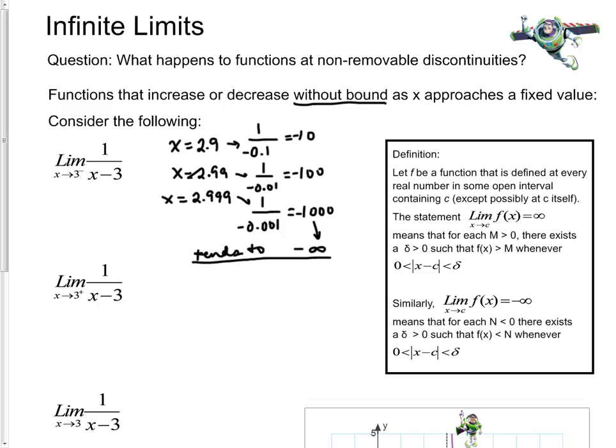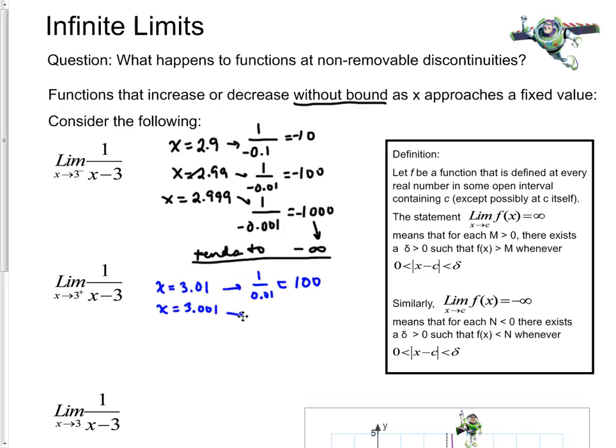Of course, we can say a very similar thing as x approaches 3 from the right of our function right here, and these are values such as 3.1 and 3.01 and 3.001 and so on. And we can see the same pattern is going to happen as x gets closer and closer. Our value 1 over x minus 3 approaches 1 over 0.01. That's 100.